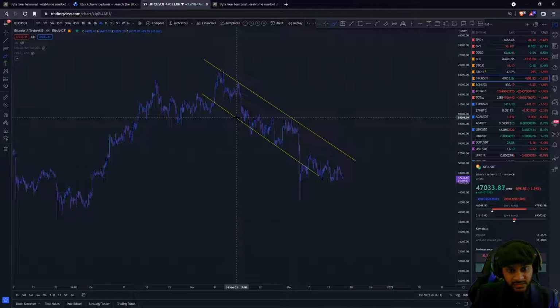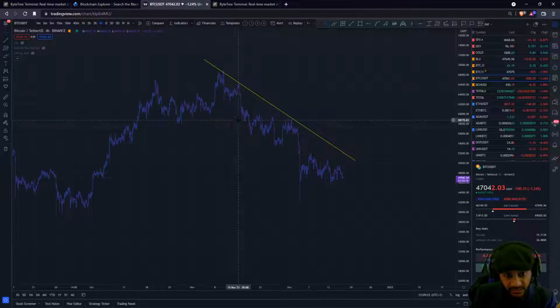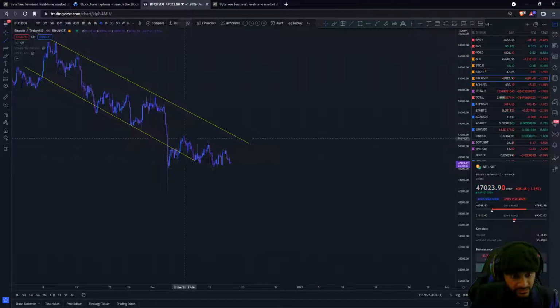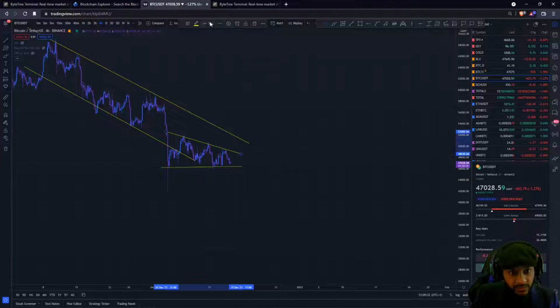So what the chart is telling me now is that the price of Bitcoin is forming a new trend, which is this one, like this. I'm going to make this white.